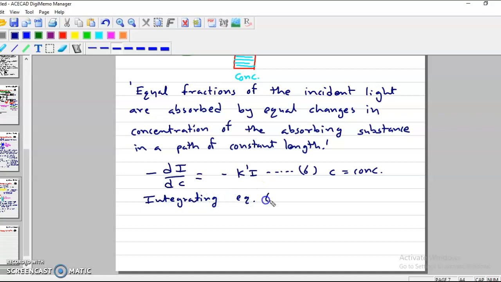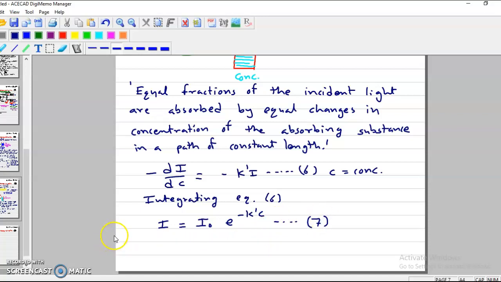Integrating equation 6, we will get I is equal to I0 e raised to minus k dash c. This is equation 7.